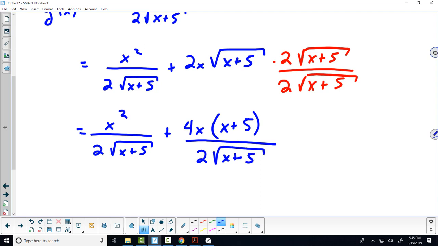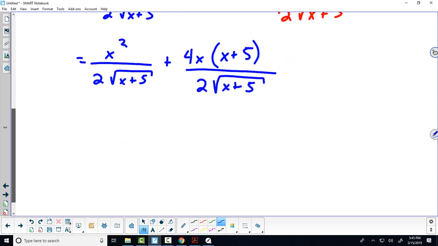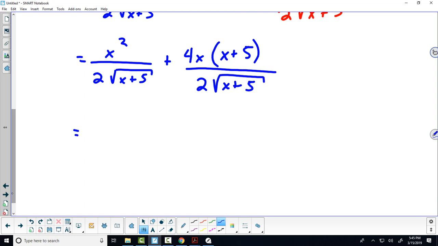Okay. So now we have two fractions with a common denominator, so we can now add them together by adding their numerators. So let's see here, I'd have an x squared, and then when I distribute this, I'd have another 4x squared. So in total, that gives me 5x squared.